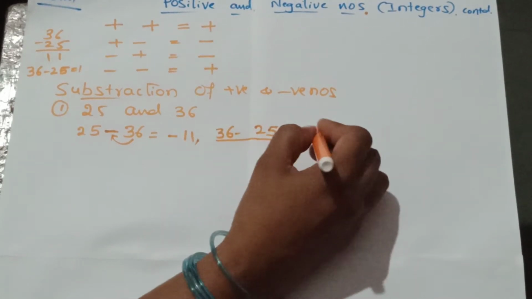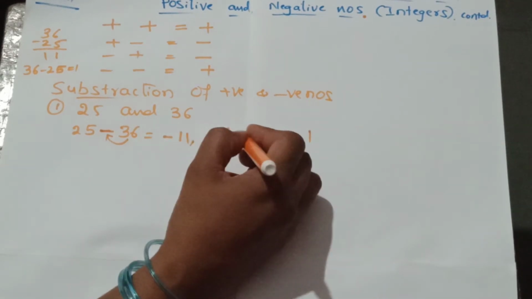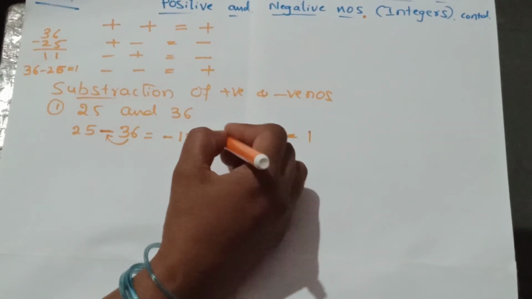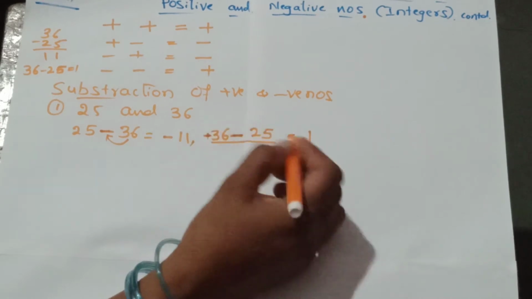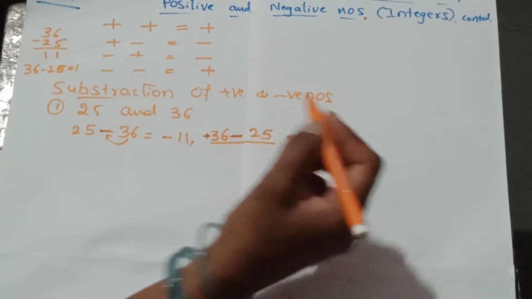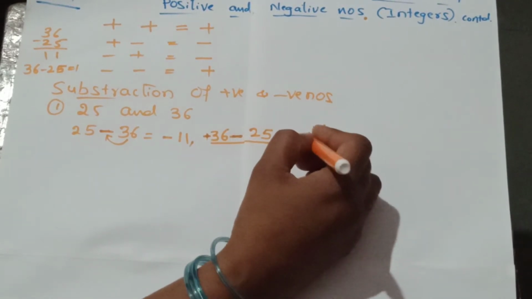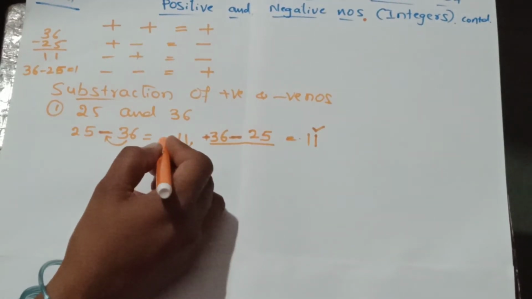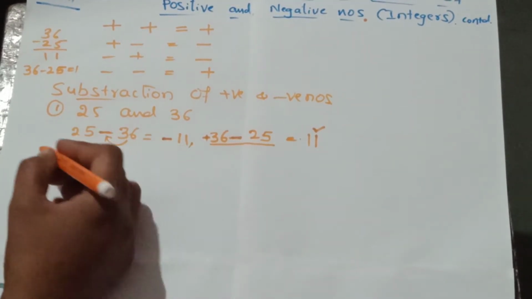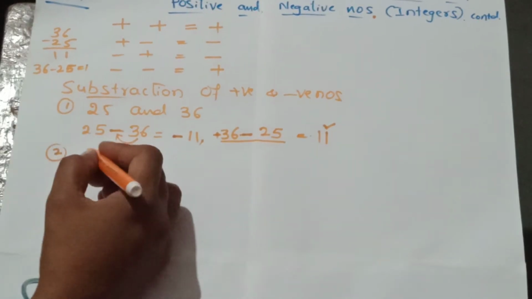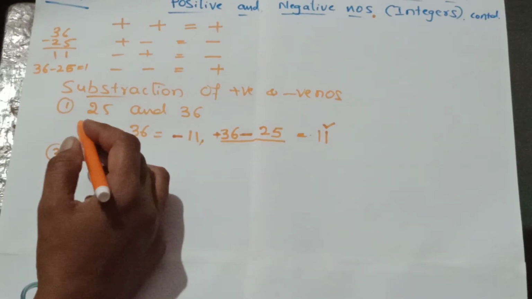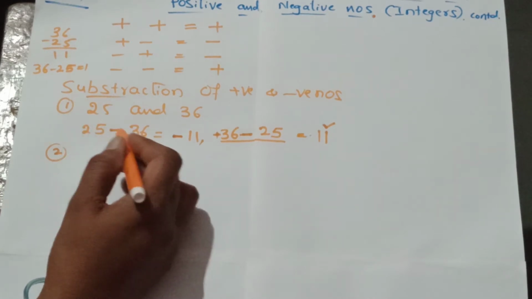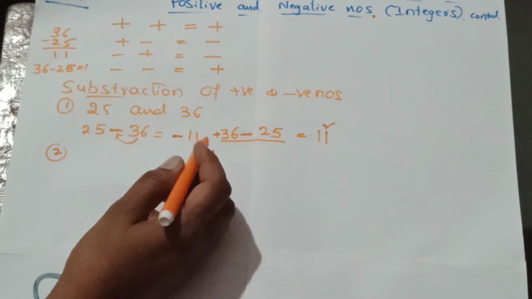Here we are going to get plus 11, as the sign of the bigger number is plus. And 25 minus 36 is also 11, but with a negative sign. So let me go with the next one, where one number is positive and another is negative.